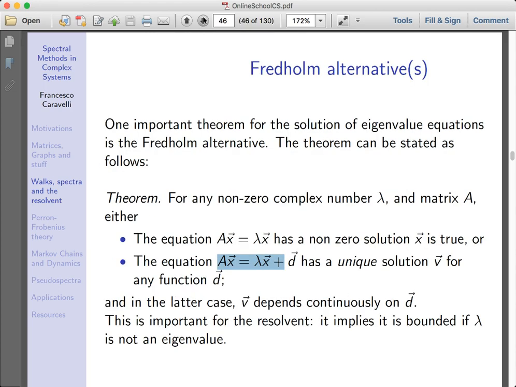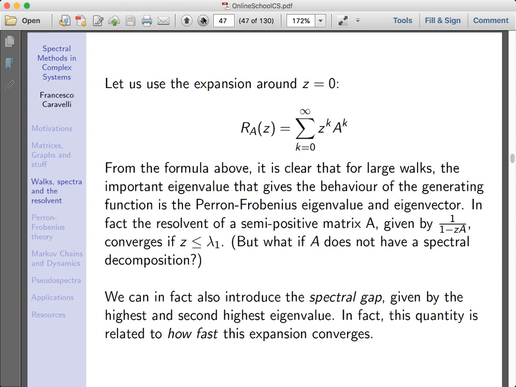All right. So let's now write an expansion of the resolvent in terms of powers of Z. You see that if you expand, this is going to give you some information about the walks, because this is exactly the sum of all the possible walks of length k, because it contains h to the k in the expression.